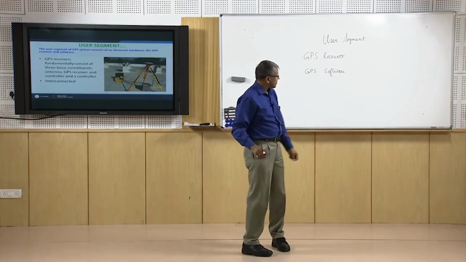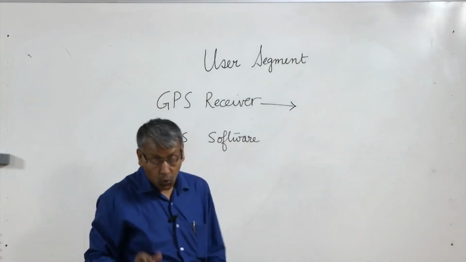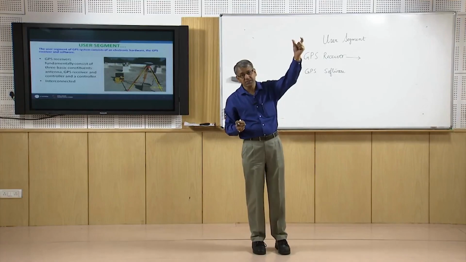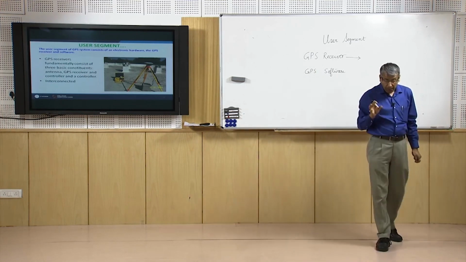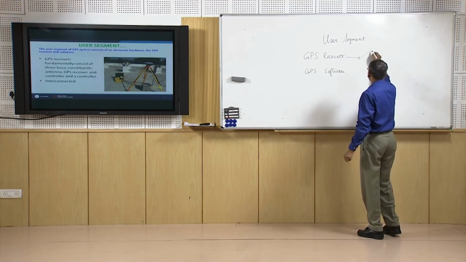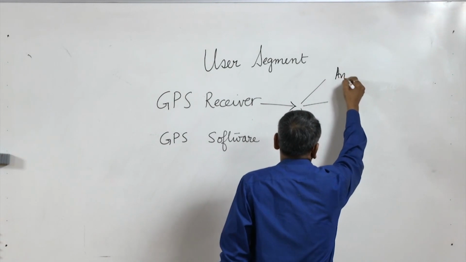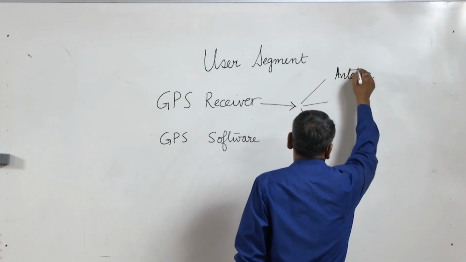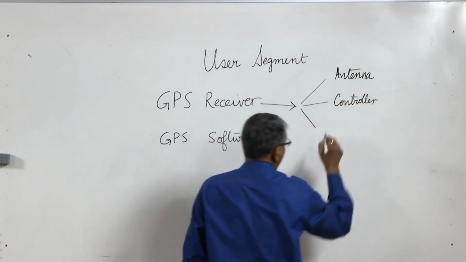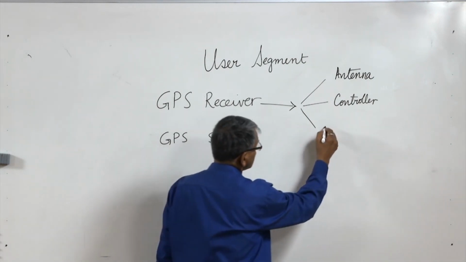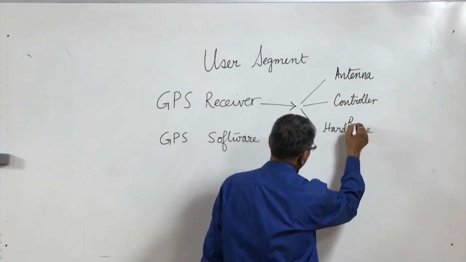Now the GPS receiver is an electronic device to receive the GPS signal from the satellite space segment, and it has three primary components: antenna, controller, and receiver hardware.